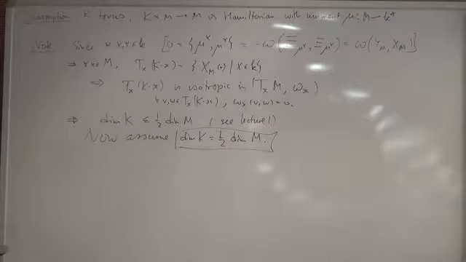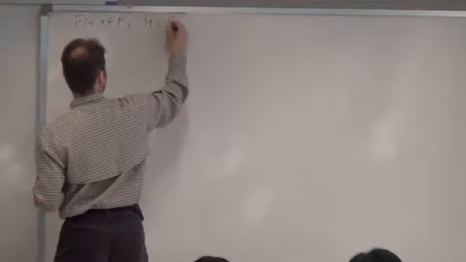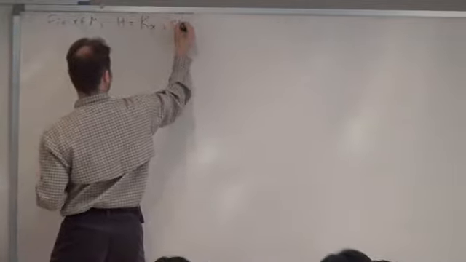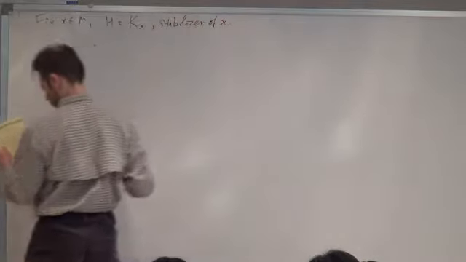So let's fix a point and a stabilizer, and look at the tubular neighborhood, and see what we can say about the slice representation. So fix x in M, H = K_x, the stabilizer of x.